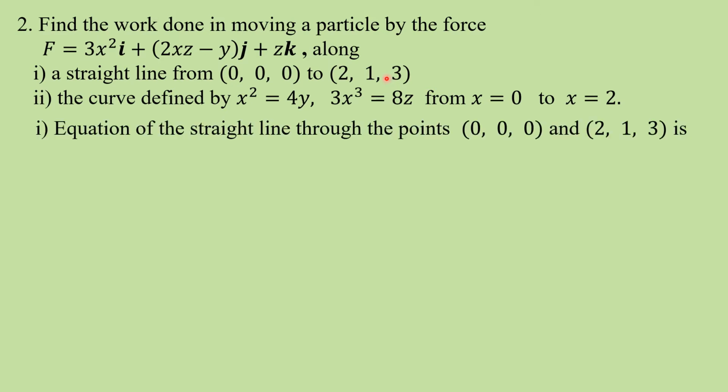So f is 3x square i plus (2xz minus y) j plus z k, but along the straight line, the equation of the curve is not given directly here. Instead, we know that it passes through 2 points.